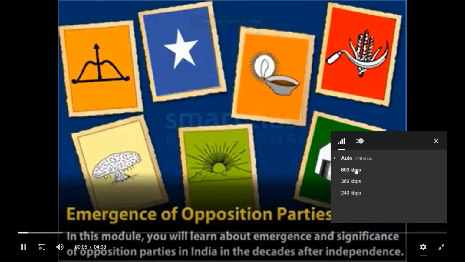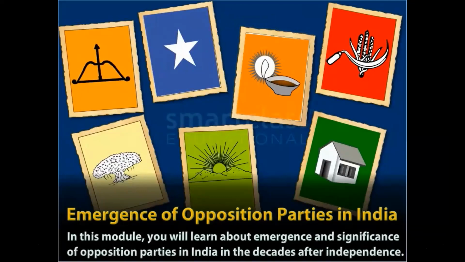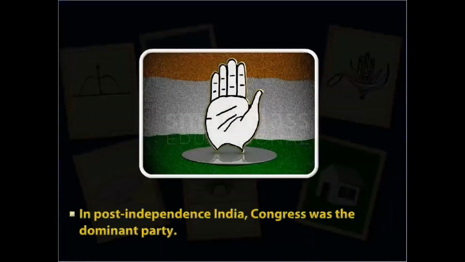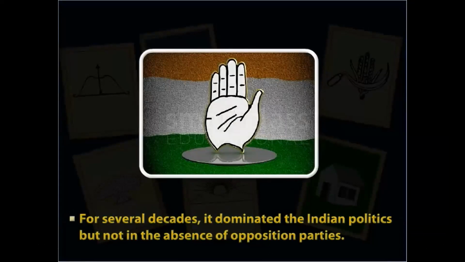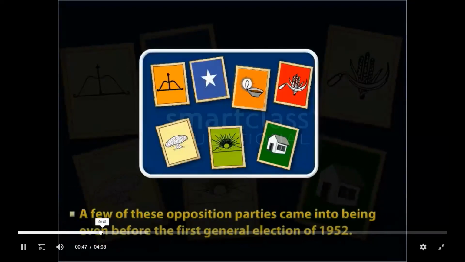In this module, you will learn about emergence and significance of opposition parties in India in the decades after independence. In post-independence India, Congress was the dominant party. For several decades, it dominated Indian politics, but not in the absence of opposition parties. In fact, a few of these opposition parties came into being even before the first general elections of 1952.